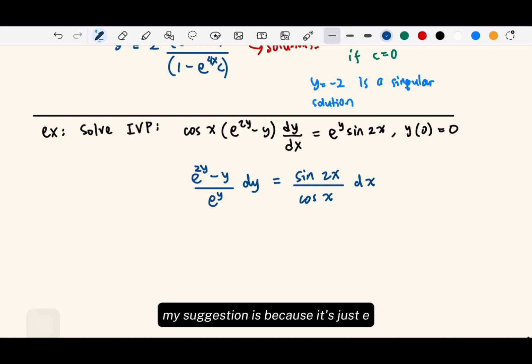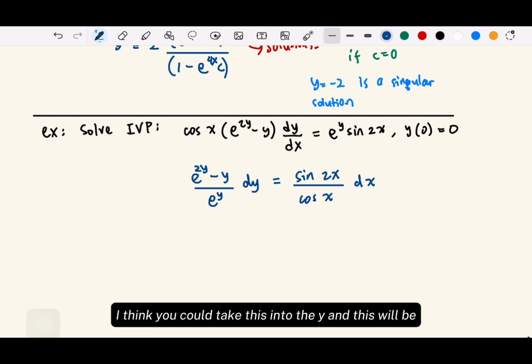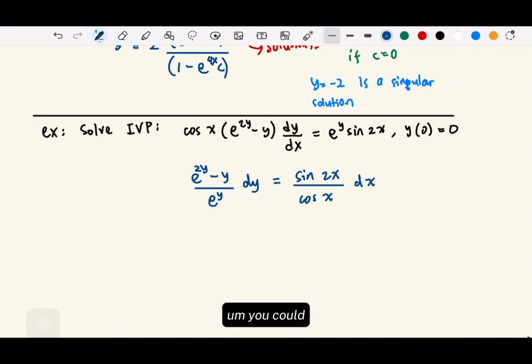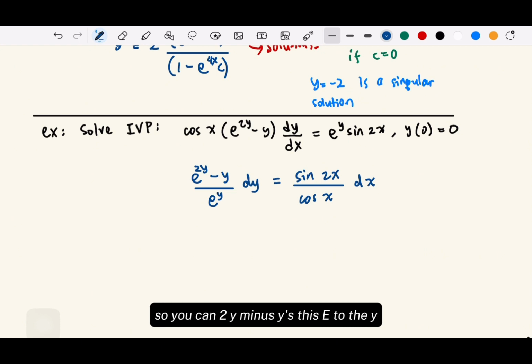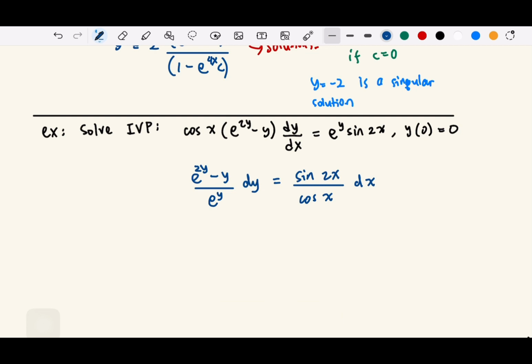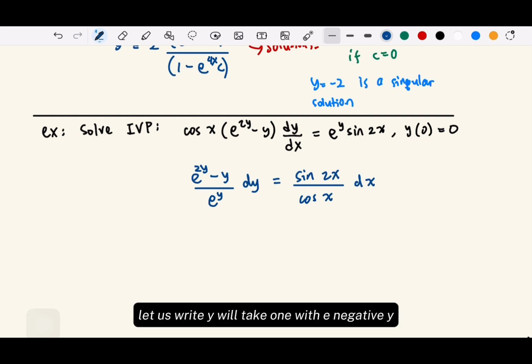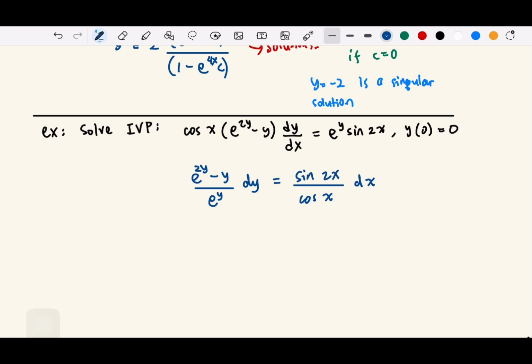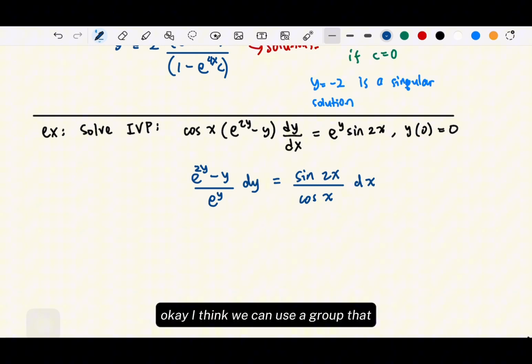My suggestion is, because it's just e, I think you could take this e to the y and just multiply. You could just pick up here, right? It becomes negative y, so 2y minus y is just e to the y, and the part here, let's just write y multiplied by e to the negative y. Okay, and I think we can integrate that.